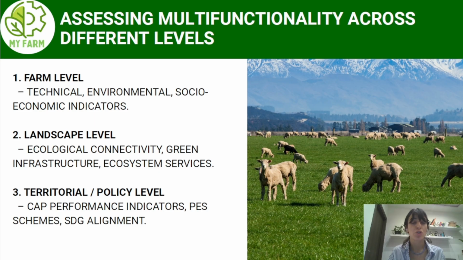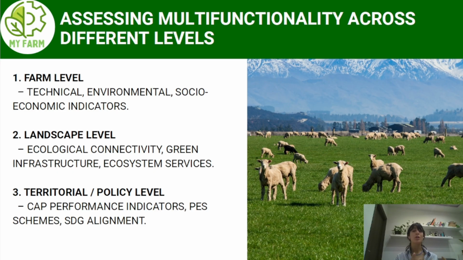And then we have socio-economic indicators, including employment, gender and young participation, agritourism, education, and income diversification. Overall, the farm level helps us understand how individual management decisions generate both commodity and non-commodity outputs.